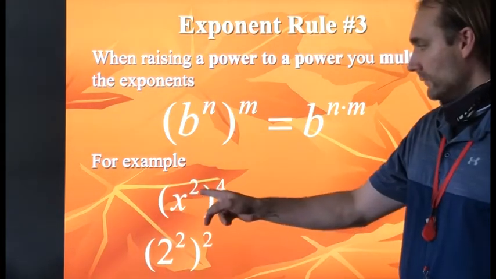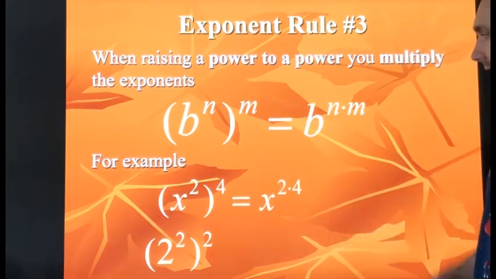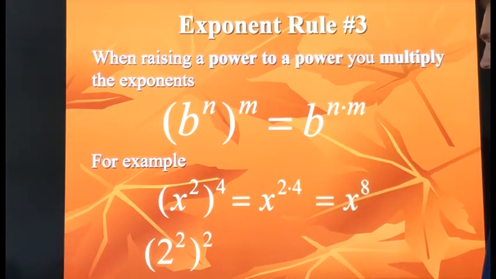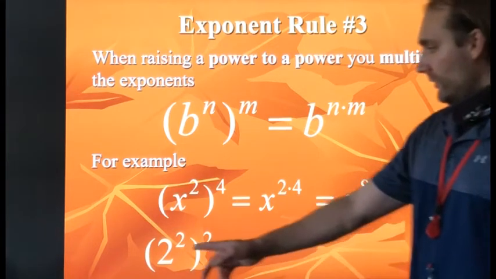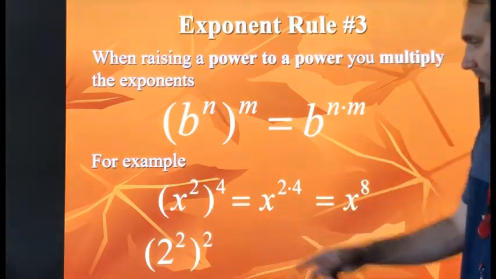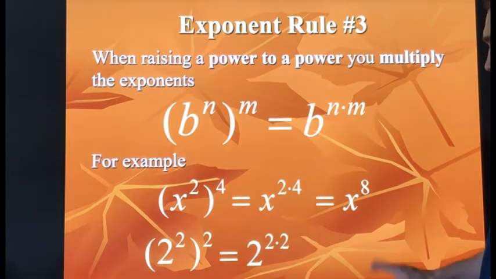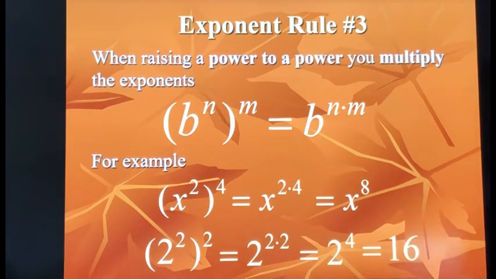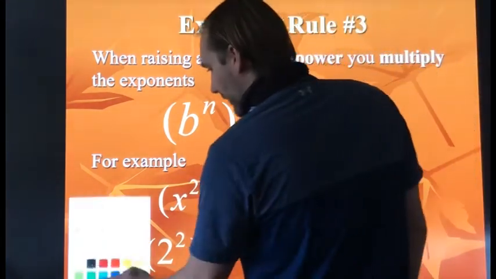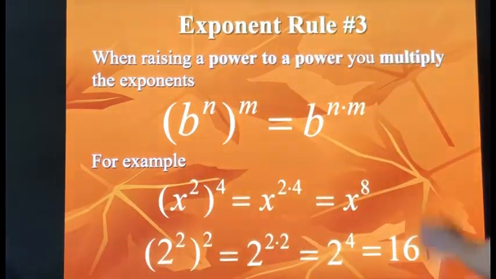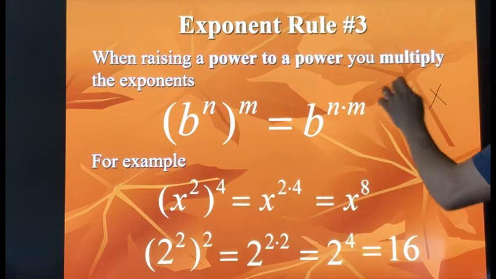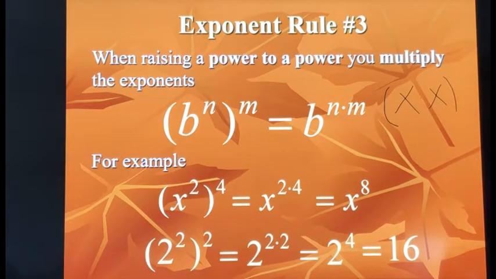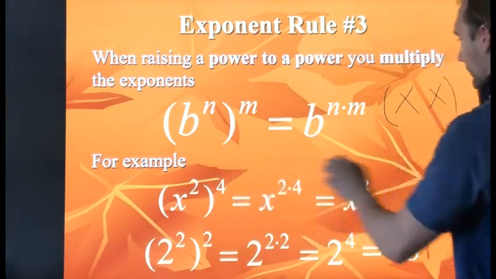So x squared to the fourth power is x to the 2 times 4, x to the 8. 2 squared, 2 times 2 is 4, 2 to the fourth, 16. Again, this is just a really quick way of not being lazy. If I had x squared, which is x times x, how many x times x's do I have? 4 of these.